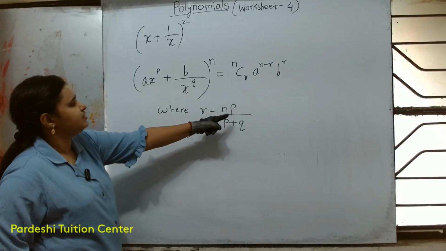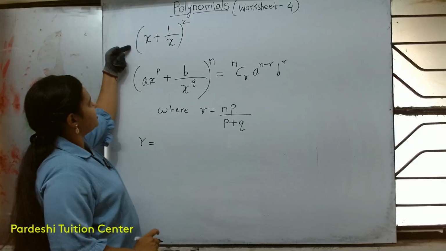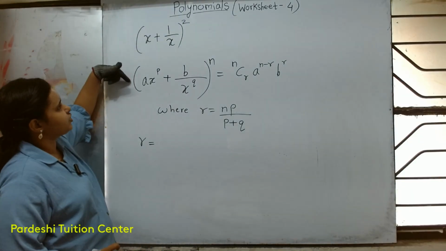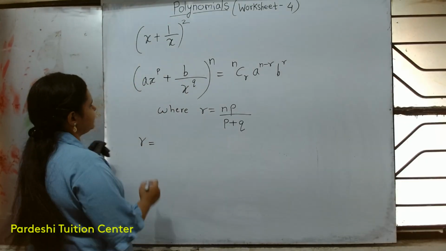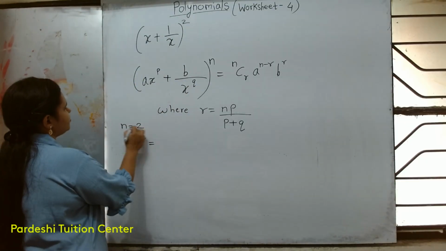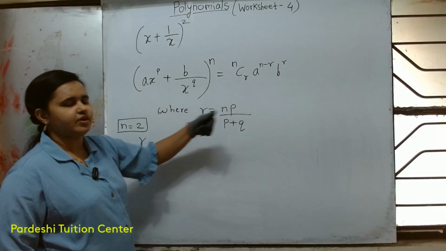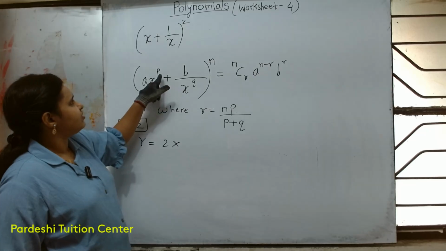So np, here n is equal to 2. Here you can compare this formula and the given question. If we compare this one and this one, n is equal to 2. Okay, so our n is equal to 2. So according to this formula, r equals np, n is 2 and p is the power of x.